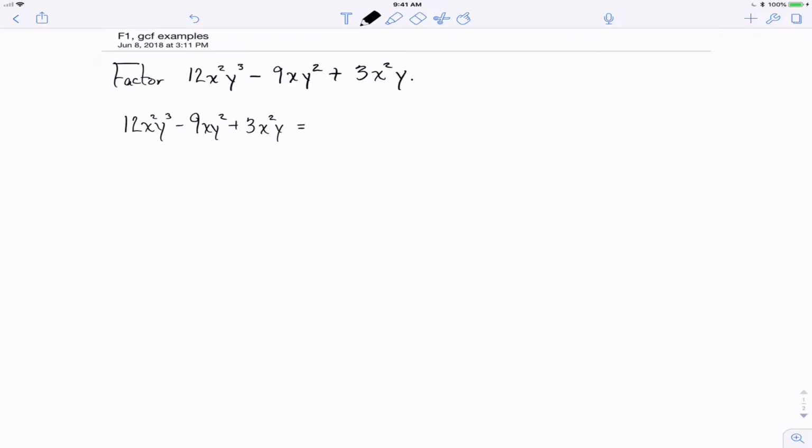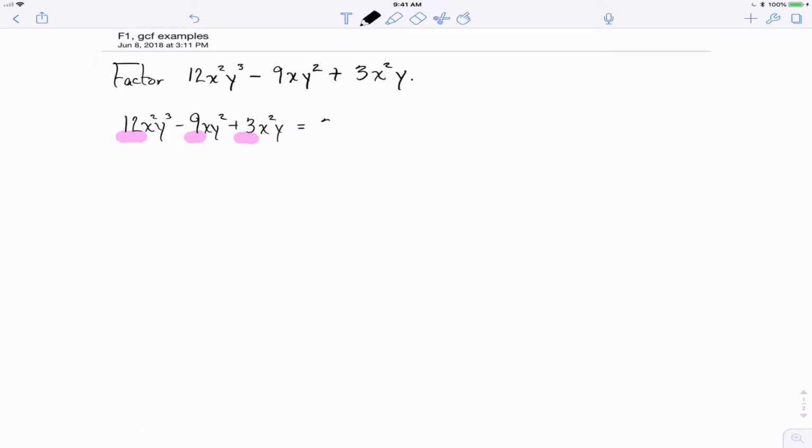So let's begin. If you look at the problem initially, let's just look at the number parts. When we look at just the numbers, you can see that there's a 3 in the third term, a 3 in the second term, and a 3 in the first term.